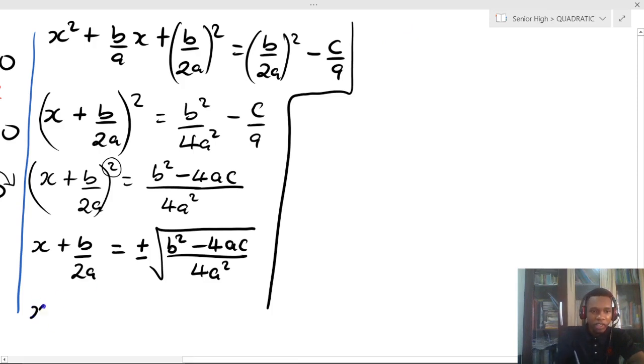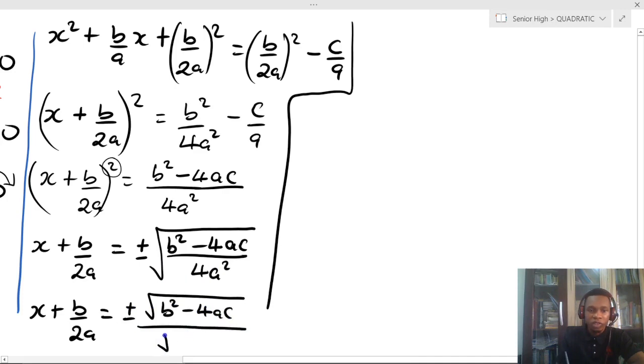We have x, and then now plus b over 2a is equal to, now remember I told you that these square roots can break down for the numerator and denominator, so I can break them down because if I break it down for my denominator, I can find the square root of 4a squared. So that will be plus or minus, we have b squared minus 4ac over square root of 4a squared.